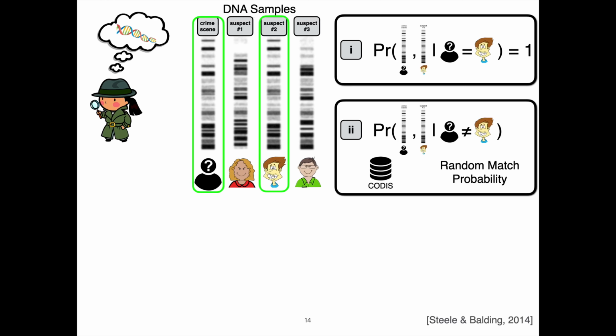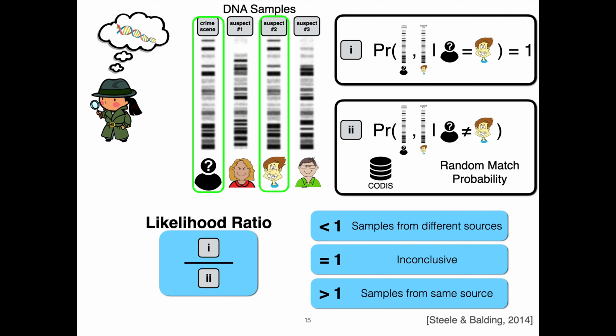This is referred to as the random match probability. So basically, how likely was it that some DNA sample could be generated by any person randomly in a population of relevant individuals?